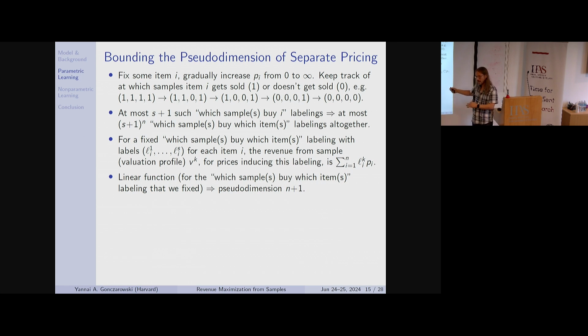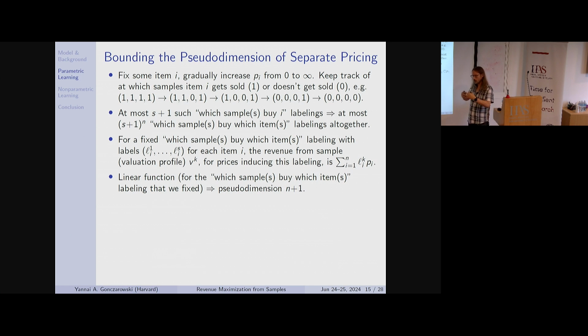But you think about L as fixed now. Right, I'm imagining a world in which all of the prices induce a single which-samples-buy-which-items labeling. So each sample is associated with its own L's, and each auction is associated with its own prices, and the revenue of a specific auction from a specific valuation is a linear function just as earlier.